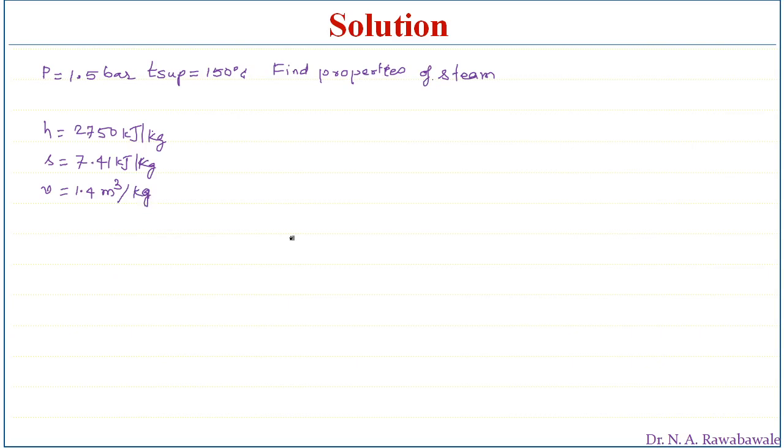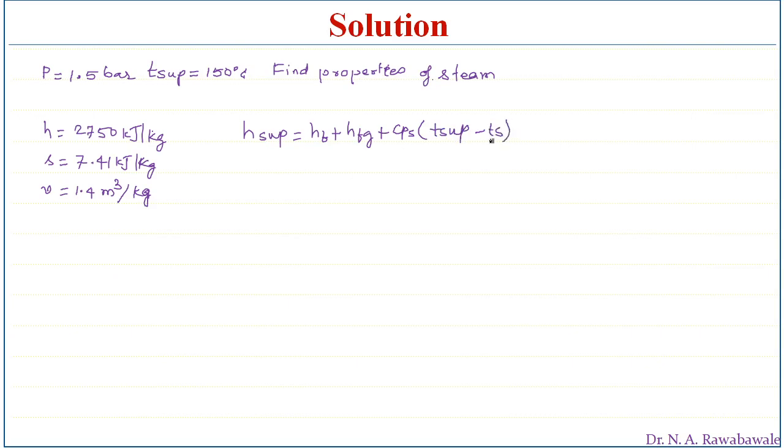These properties can also be obtained from the steam table, or by using formulas. The enthalpy of superheated steam, H sup, can be calculated as Hf plus Hfg plus Cps times (T sup minus Ts).